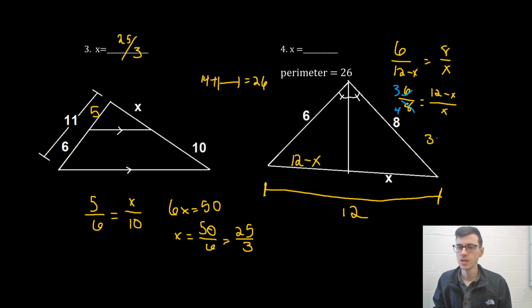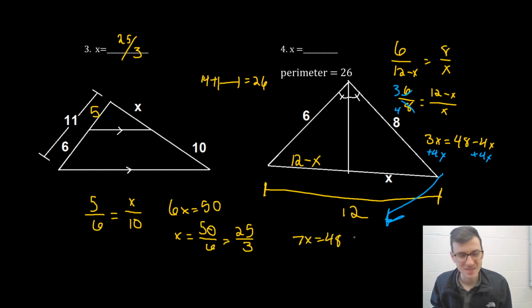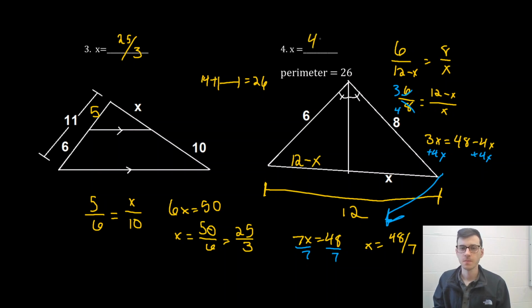So I get 3x equals 48 minus 4x. Add 4x to both sides. 7x equals 48. That's not quite 7, even though it's close, when we divide by 7. x is just that fraction, 48 over 7. And that's okay. Like I said, sometimes you're going to get fractions.